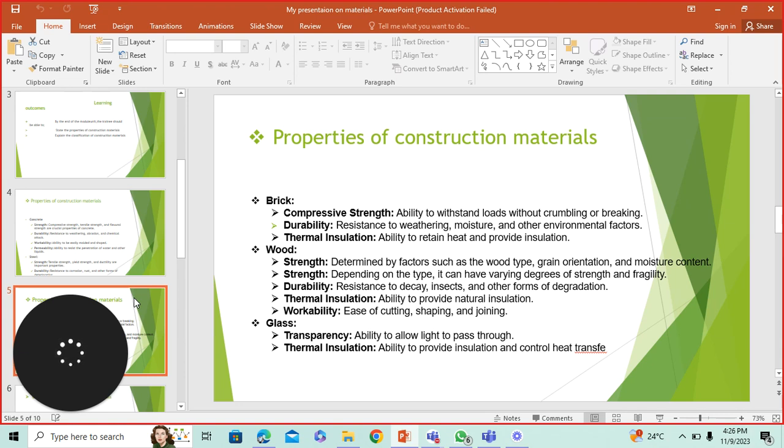They should be strong, they should be durable, they have thermal insulation, the ability to retain heat and provide insulation. Wood also has the same properties. Glass should be transparent, able to allow light to pass through, and also able to provide insulation and control heat.